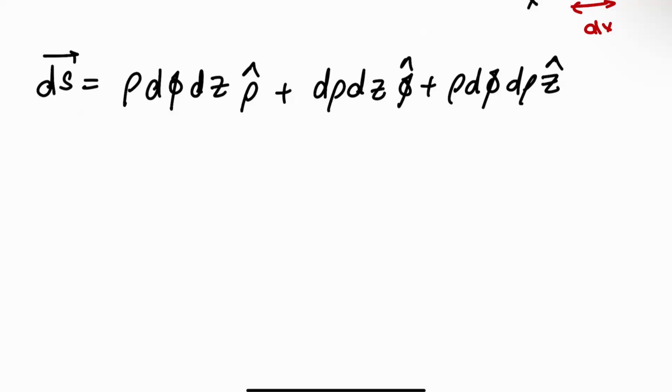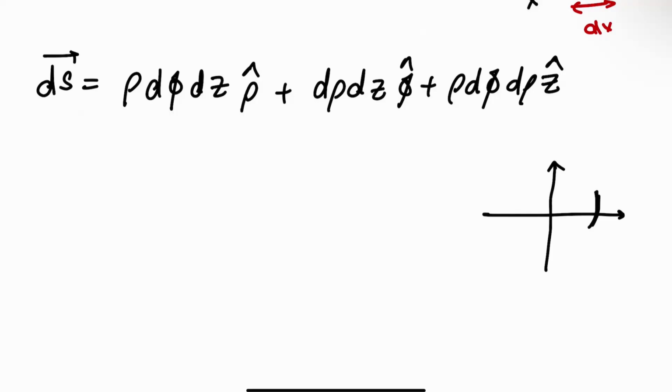Let's take rho hat, for example. Essentially, now again I'm in the xy plane. An oriented surface along rho hat has a small length that it subtends in the xy plane, and it has a height.